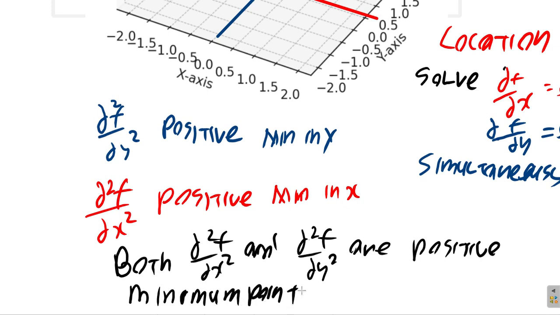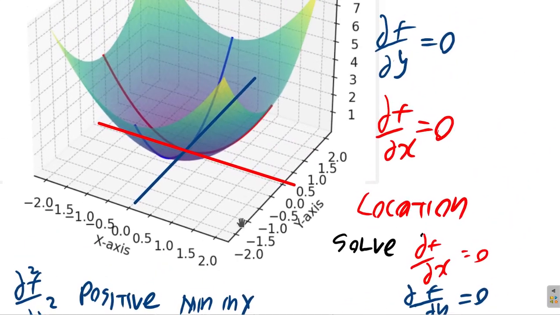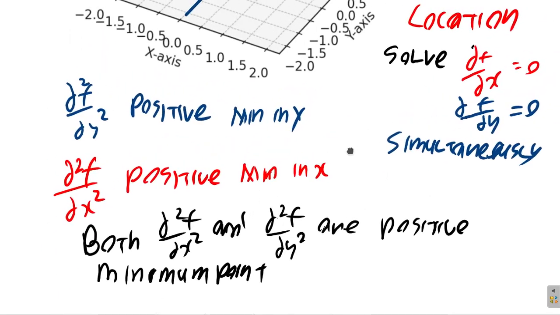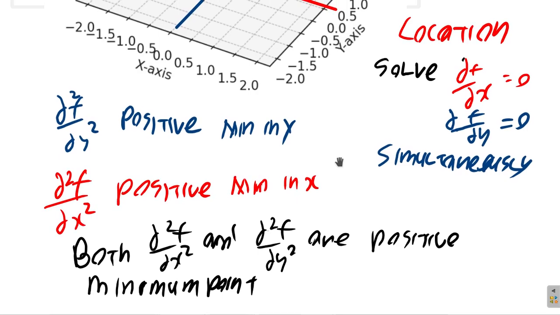All right, so that's what you have there. So that shows how to get the location and the nature of this stationary point.